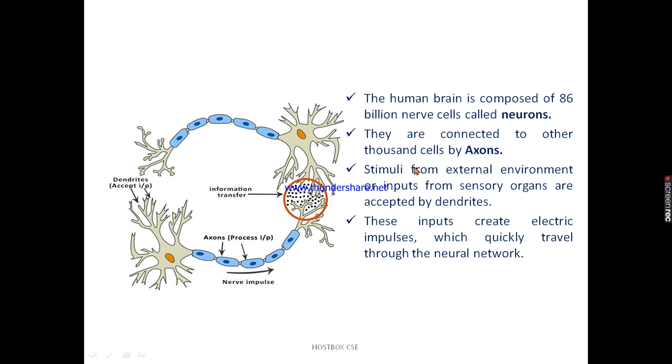They are connected to other 1000 cells by axons. Remember, information transfer is done with the help of neurons only, from one neuron to another neuron, and this information transfer happens quickly. Dendrites accept the inputs and axons process input, nerve impulses like that. That is the human brain.